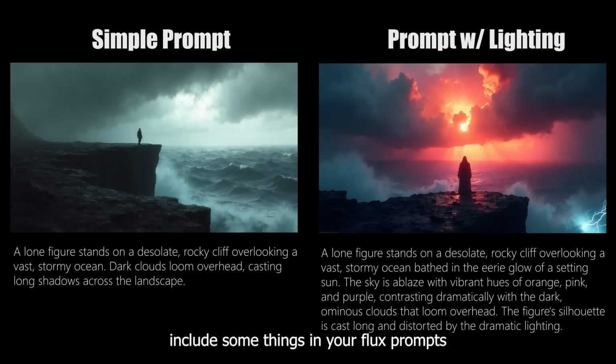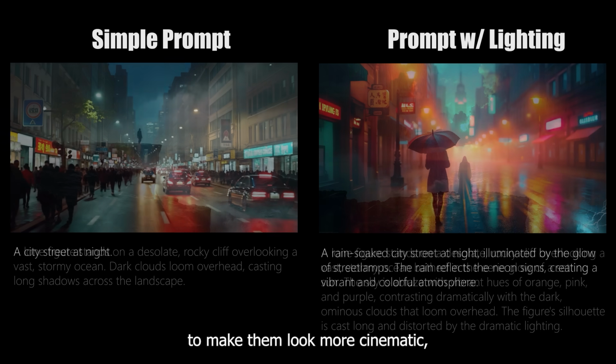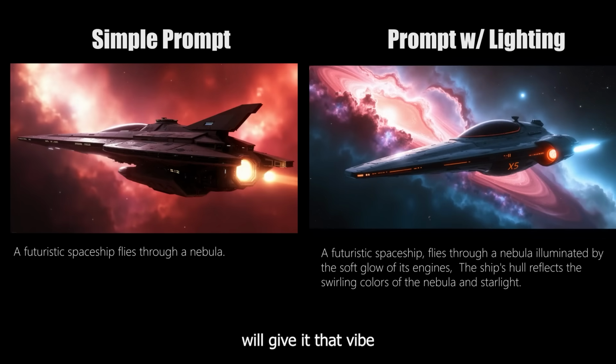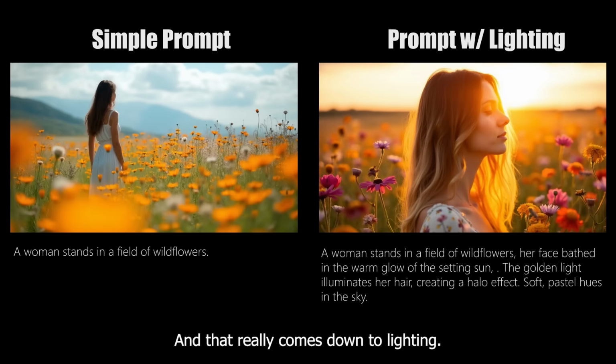First off, you're going to have to include some things in your Flux prompts to make them look more cinematic, so we have a place to start. Flux will do most of the heavy lifting, but just adding a couple of key prompts will give it that vibe that you're going for. And that really comes down to lighting. Lighting is everything when it comes to cinematic vibes.